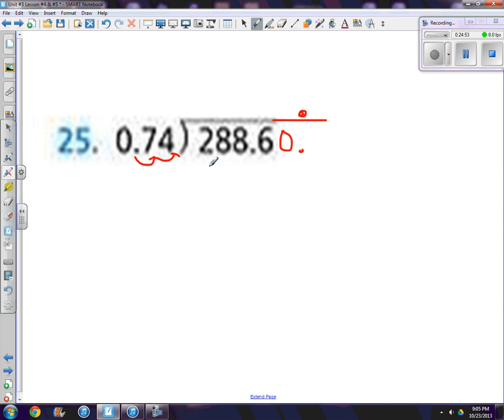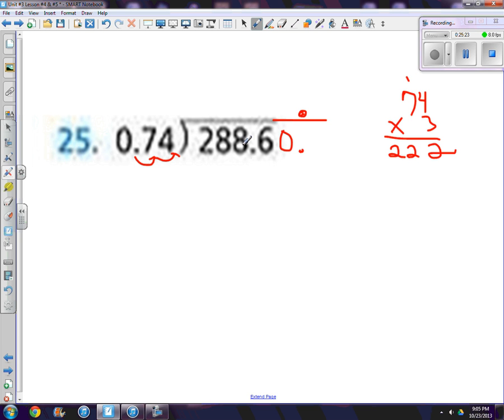Okay, and then now I start to work. 74 into 2, no. 74 into 28? No. 74 into 288? Yes. Okay. How many times? I'm guessing 3 times. 4 times 3 is 12. 7 times 3 is 21, plus 1 is 22.